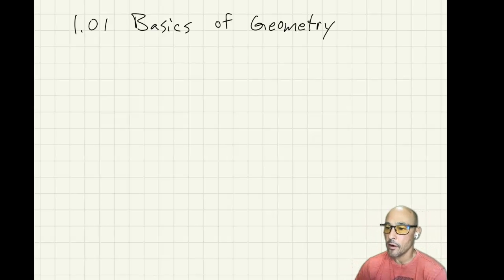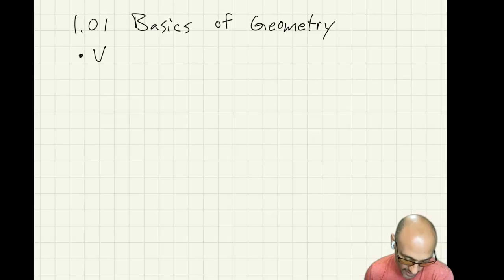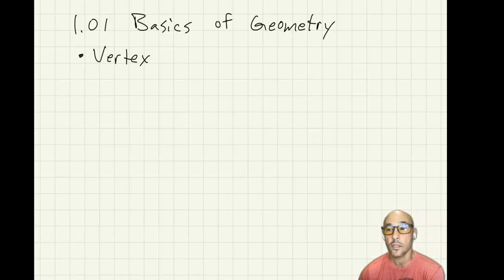So we've talked about a ray already in the first video here. And so the next term that we're going to define is a vertex. And you should be taking notes at home, have some paper and pencil and be taking notes. A vertex is the common endpoint.